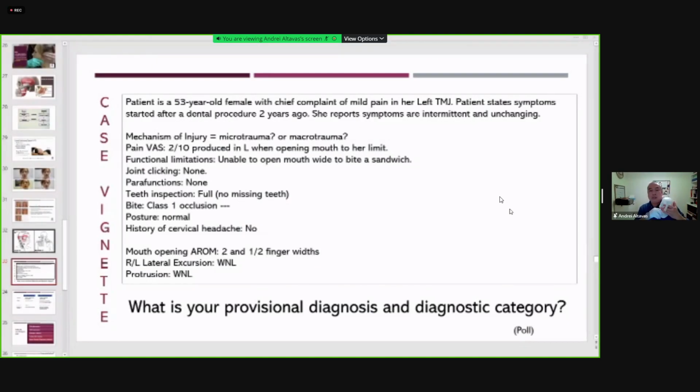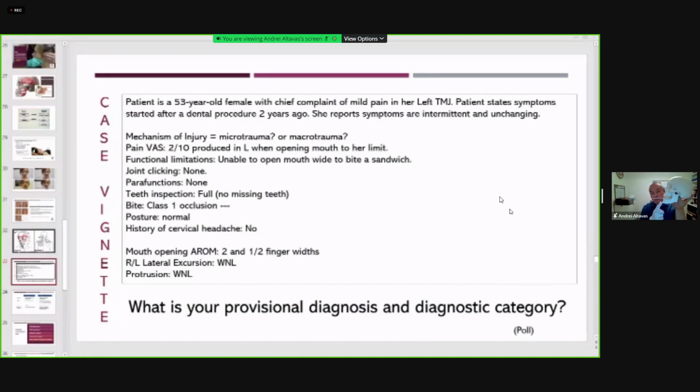For this patient, her problem was in her left TMJ, so I'll have her bite into the left molar. So this is the position.